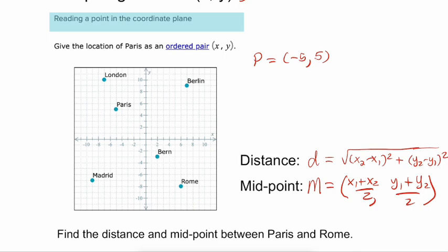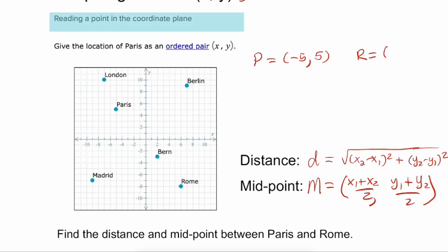Now, the instructions down here, and I'm going to do this right here so we have room for it, says to find the distance and midpoint between Paris and Rome. So I'm going to call Rome R, and I'm going to put it right here. If we wanted to go to Rome, we would need to go 6 to the right and 8 down.